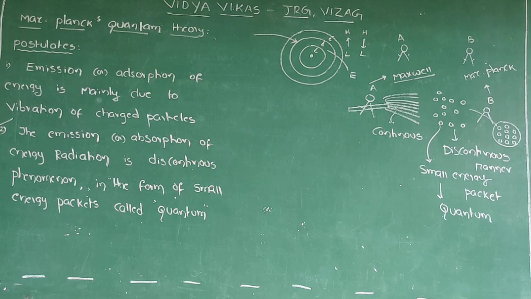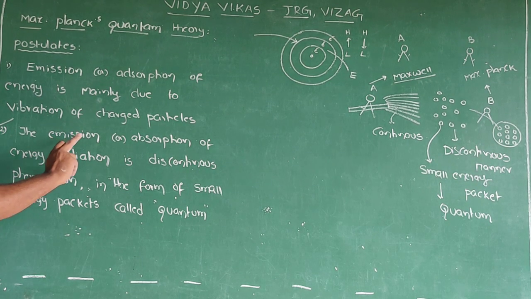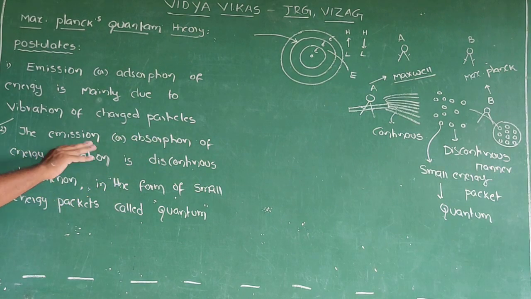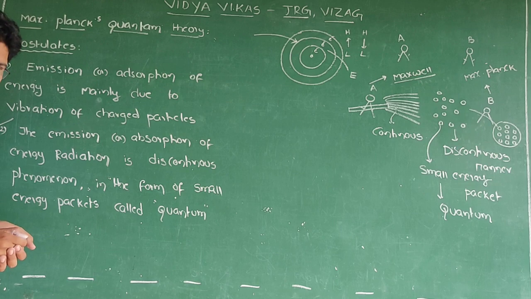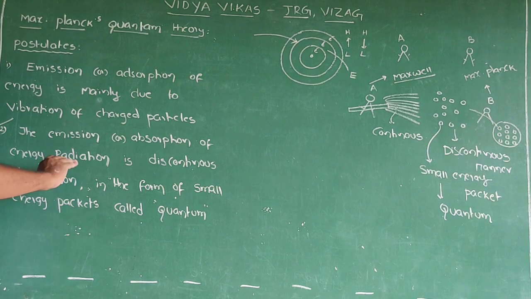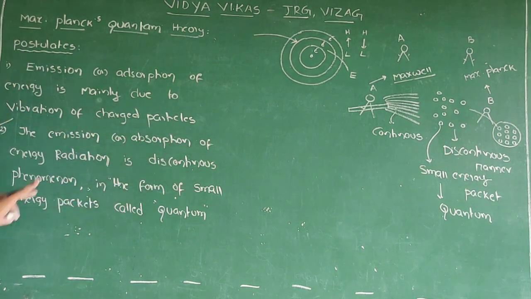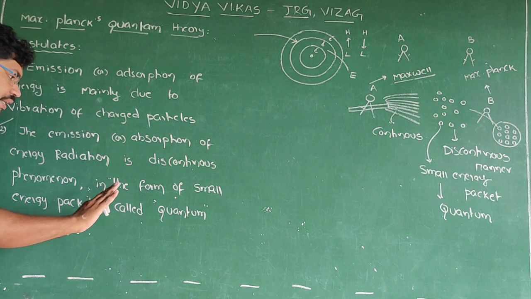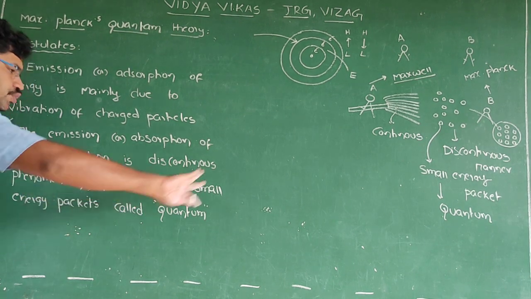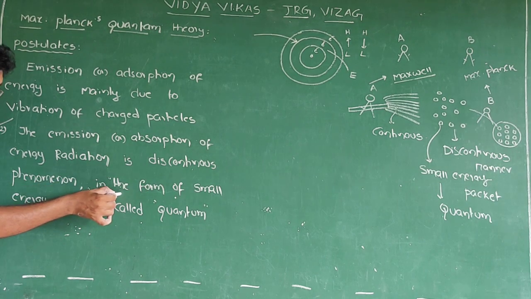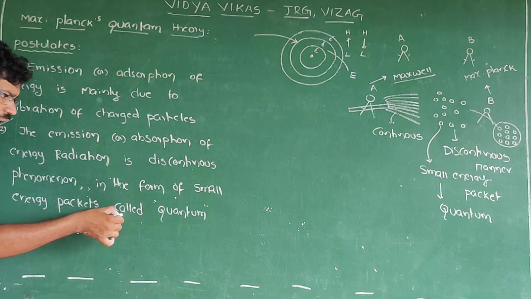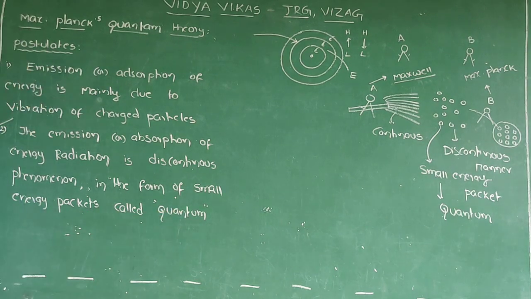According to Max Planck, dear students, the emission or absorption of energy radiation happens in a body, just imagine, of course, a black body. It is always a discontinuous phenomenon and not in the form of continuous matter. Moreover, this discontinuous phenomenon happens in the form of small energy packets called quantum. Is it clear, students?